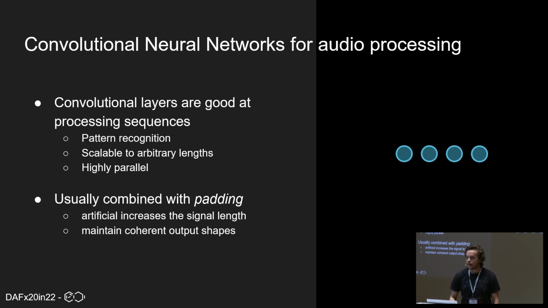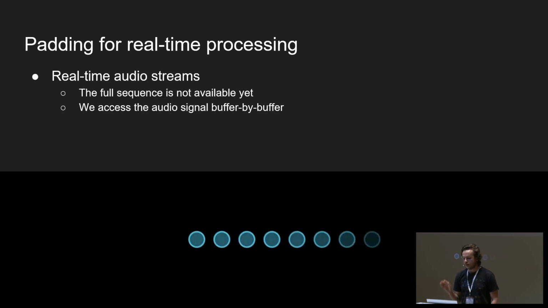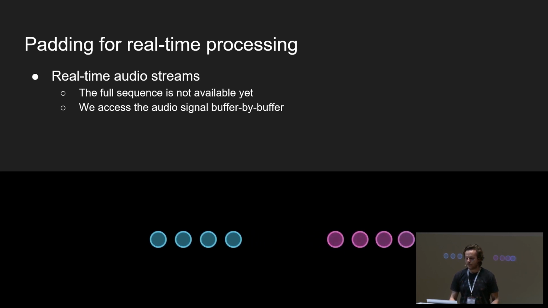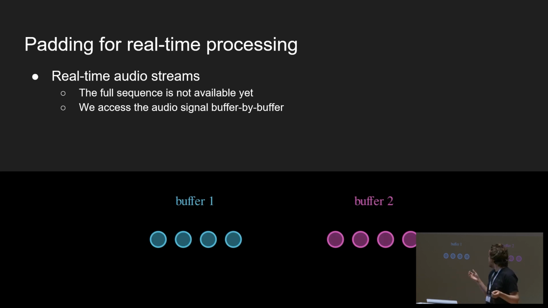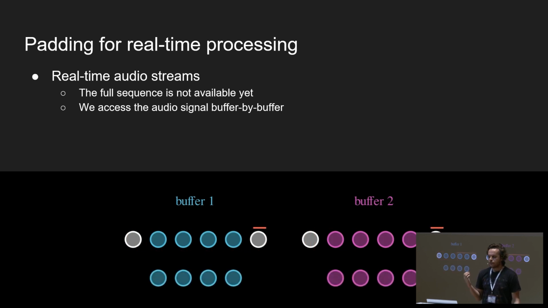The problem is that using padding when addressing real-time processing of audio signals is going to cause some problems. When dealing with real-time audio streams, we don't have access to the full sequence yet, since it's not recorded. We would rather have access to buffers, which are fixed-size chunks of audio. And if we try to naively apply the convolutional operation on those buffers by first padding each buffer individually and then applying the convolution, we end up introducing discontinuities in between buffers.